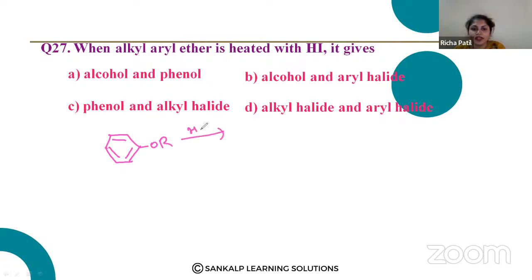In the presence of HI, this is an alkyl aryl ether. When it reacts with HI, what does it give?